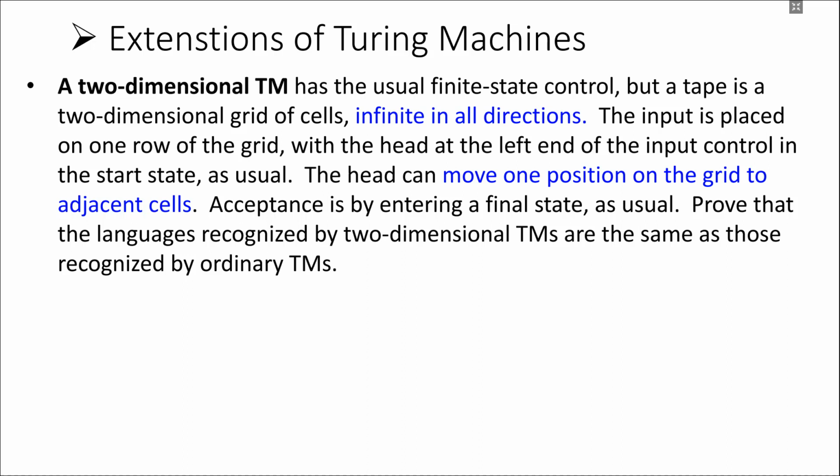In other words, we want you to show that this kind of machine can be simulated with an ordinary Turing machine or a Turing machine that is equivalent to an ordinary Turing machine, like multi-tape machines, non-deterministic machines, and so on. You can choose your favorite machine to do the simulation so long as you can succeed.